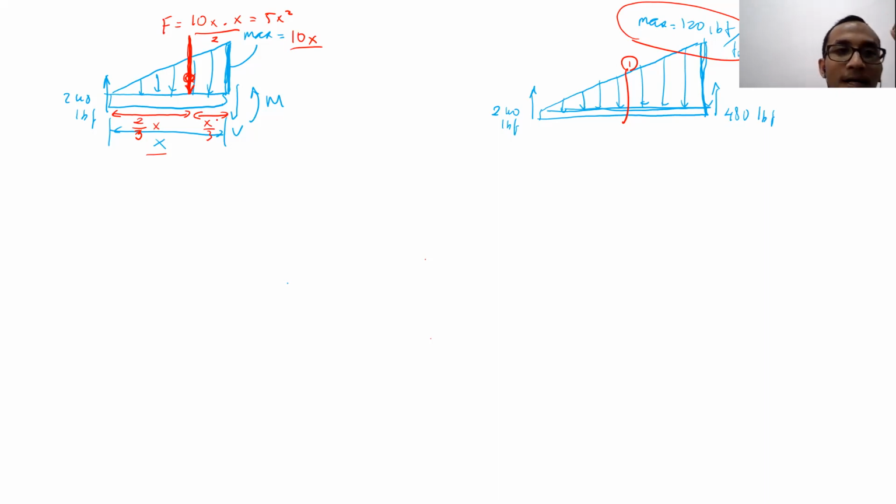Okay, now let's try to find P and M. Using sigma Fy equal to 0. What do you have there?